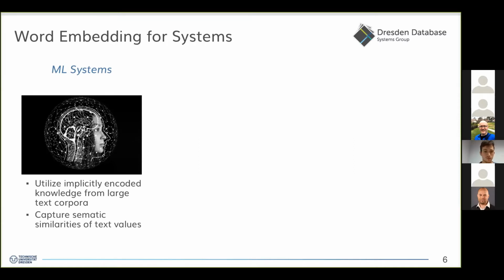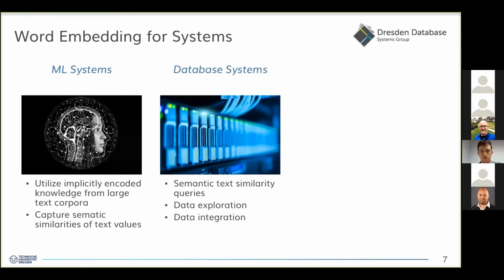Moreover, machine learning models can generalize better by using those vectors as input than by using a syntactic representation of these words, because these vectors capture the semantic similarities of the text values. In the database community, word embeddings are also used.